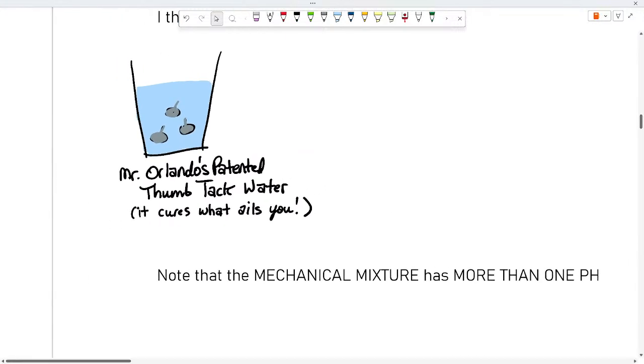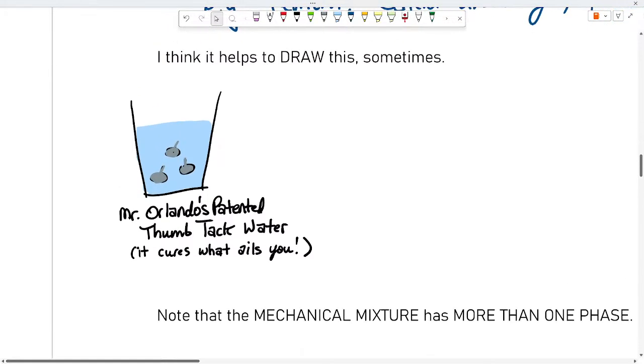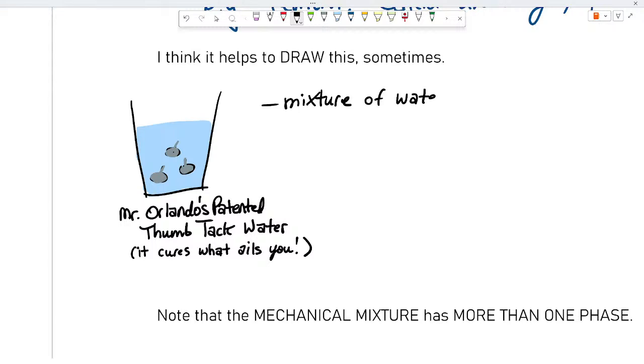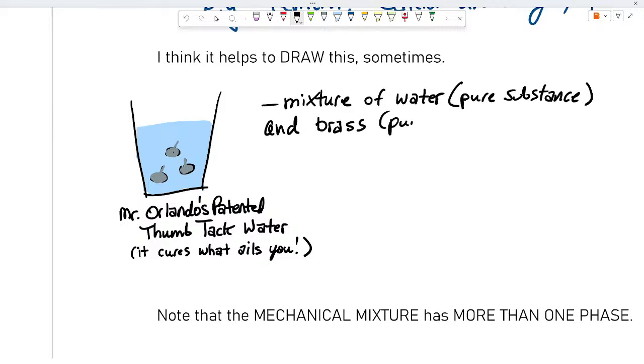So if you buy Mr. Orlando's patented thumbtack water, this is clearly a mixture. Specifically, this is a mixture of water, which is itself a pure substance, and brass, which is what thumbtacks are made of, which is also a pure substance.